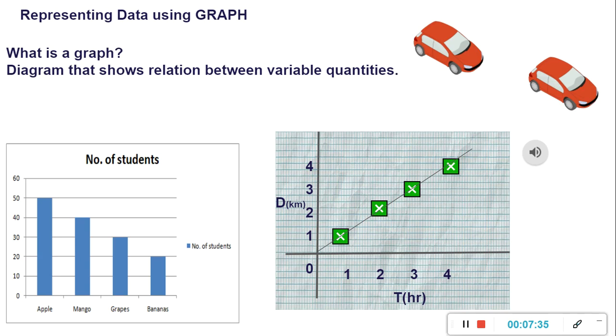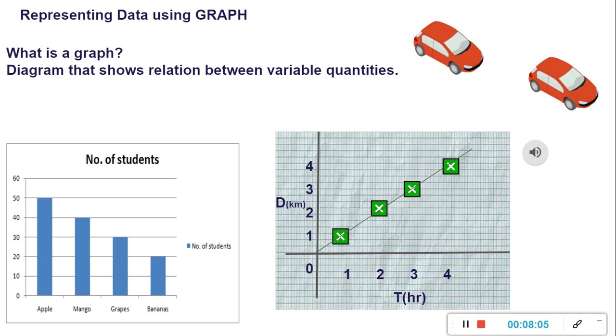If the speed and time are not uniform, then you will not get a straight line. The line would change. So looking at the shape of the graph, you can determine the motion of that vehicle, right? That is the point of a graph: a huge table is not required, isn't it?